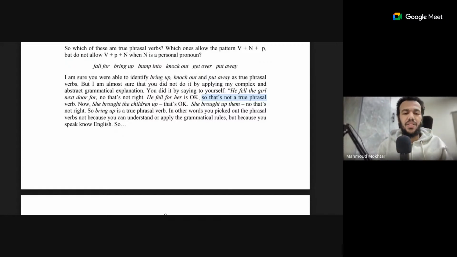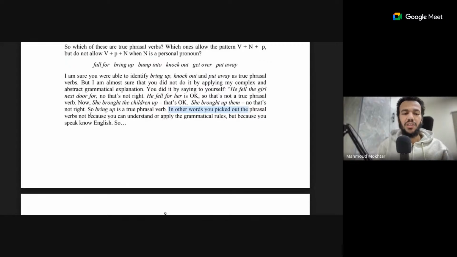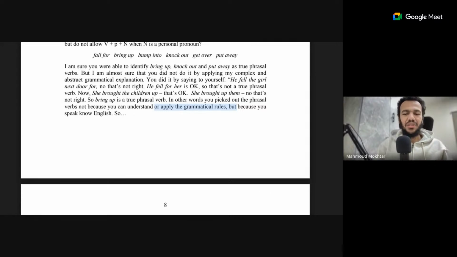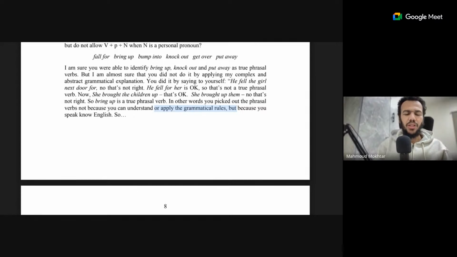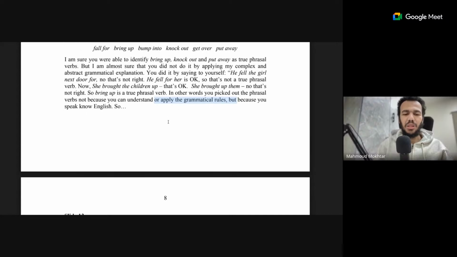Okay. So bring up is a true phrasal verb. In other words, you picked out the phrasal verbs not because you can understand or apply the grammatical rules, but because you know how to speak English.